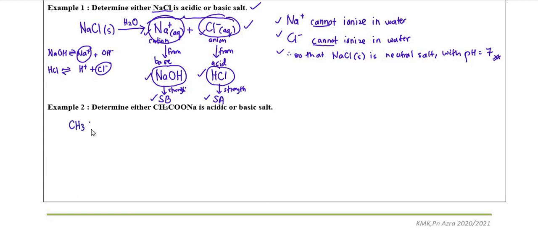CH3COONa, phase all the time is solid. Okay, dissociate in water to produce its ion CH3COO minus and Na plus. All the ion is in aqueous phase.